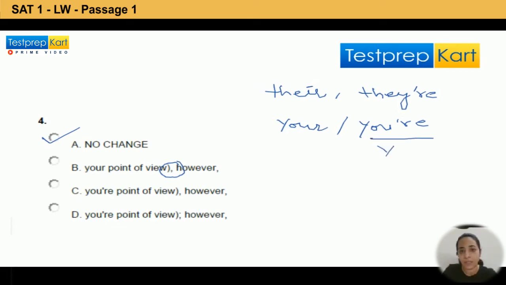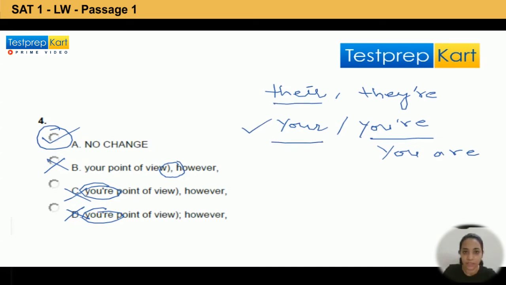Similarly, you're is a compact form and this is the expanded form, you are. What are we talking about? Your point of view. That means point of view belongs to this person. This belongs to you, your point of view. That means you are is wrong. These two options go out. Here we have identified a punctuation error. This also goes out. We are left with C. That's the correct answer. Rules we saw: belongingness. So here we want a word which shows belongingness, something belongs to something. And syntax, punctuations.